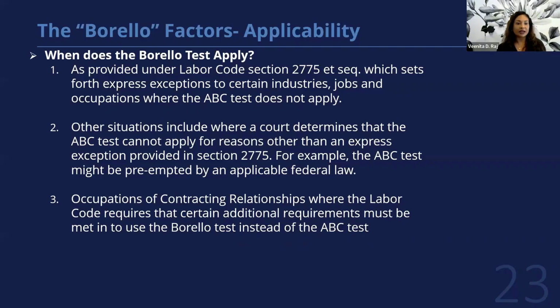For example, there may be a separate applicable federal law that preempts the applicability of the ABC test. And then there are other occupations and contracting relationships, like the business-to-business exception that Yaron briefly touched on.